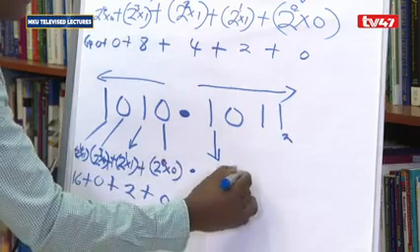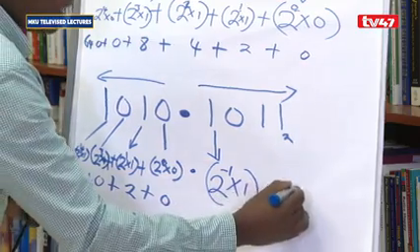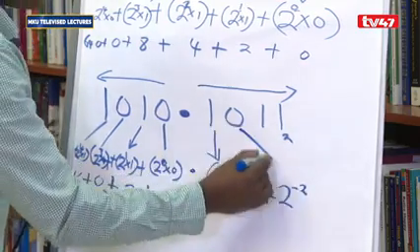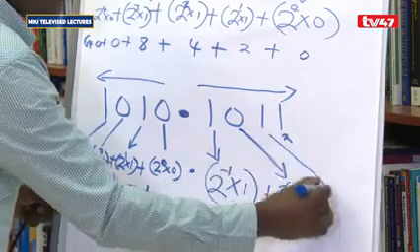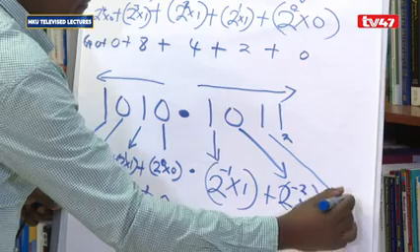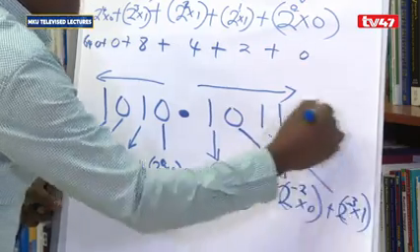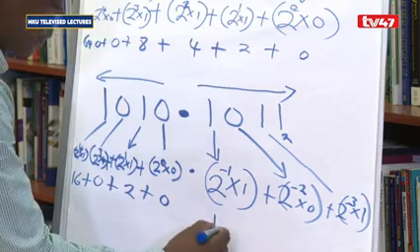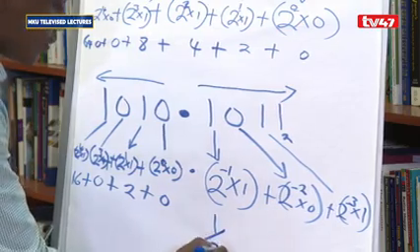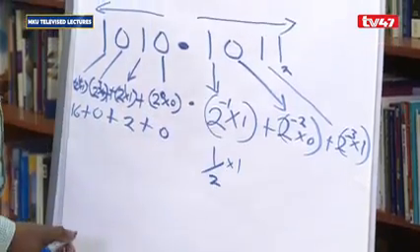Now it will be times 1, plus 2 to power negative 2 times this 0, plus 2 to power negative 3 times this 1, and the process continues with as many digits as you have here. 2 to power negative 1 is the same as 1 over 2 times 1. This is the same as 0.5 times 1.